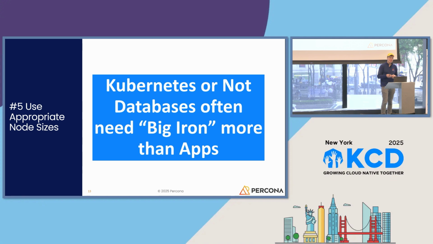You also want to make sure you use appropriate node size. I've seen a lot of Kubernetes systems designed for small applications say, well, we deploy relatively small VMs, and in that case, there may not be a very good setup for deploying larger databases. Because if you are looking to move a database which was run on, let's say, a 128 core machine with half a terabyte of memory, well, probably you want the same kind of physical node backing your Kubernetes as well.